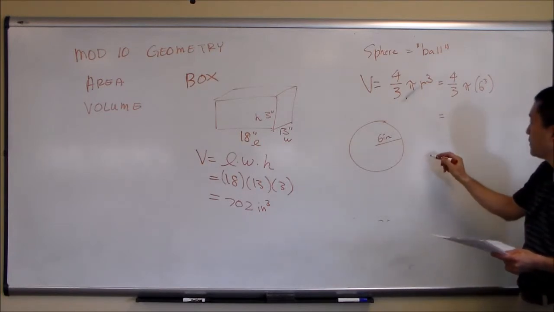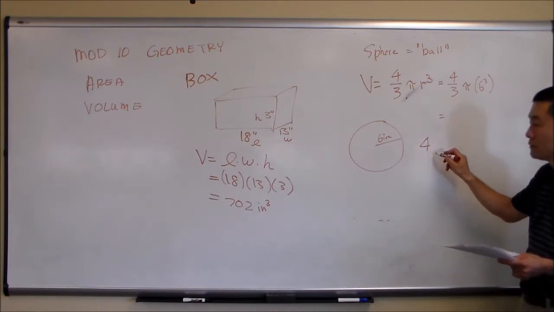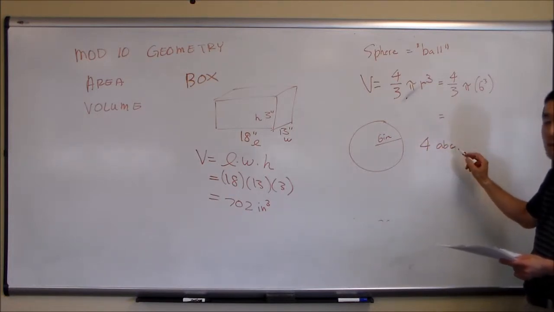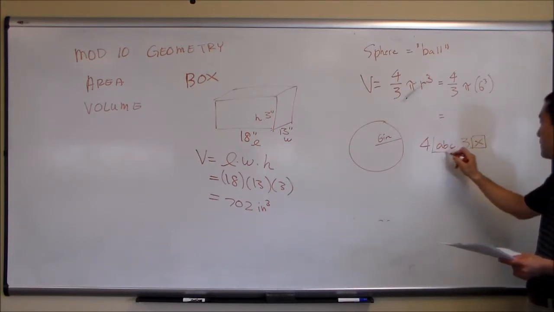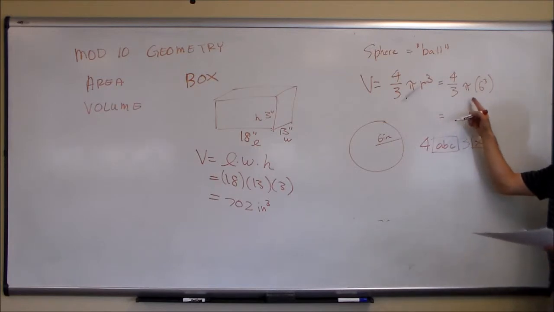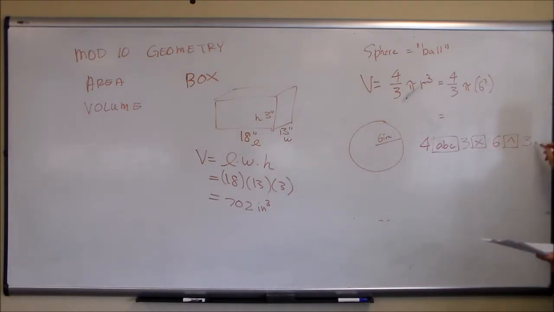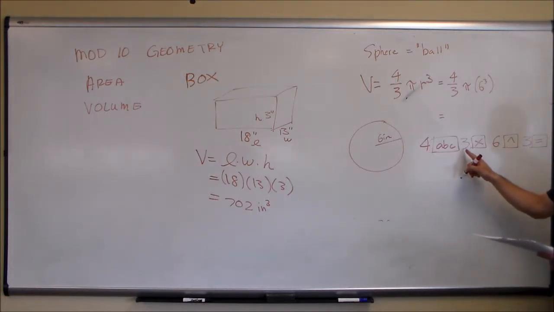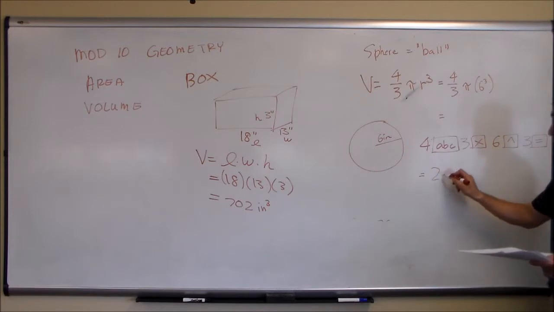To do this, if you have a TI-30 calculator, type in 4 fraction 3, times, I'm going to leave out the pi for the time being and stick it back in later, 6 to the power of 3, equal sign. If you punch all that in, you get 288.